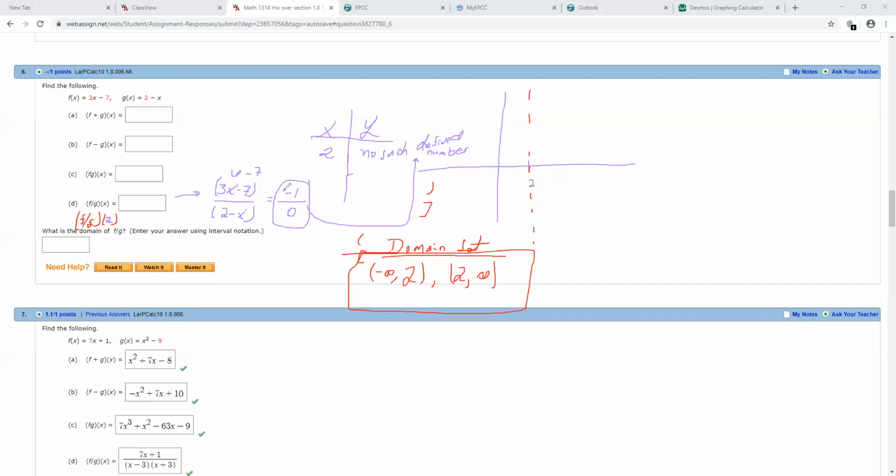But typically they're not going to ask you to put -1/0. They're going to ask you to say no such defined number, or they're going to say put does not exist, or they're going to say put undefined. Okay? But on this one, did they actually ask us to put a number 2 in or any other number, or just write the equation down? Just write the equation down. So then we're going to write this one instead. Does that answer your question? Yes, sir. Thank you.